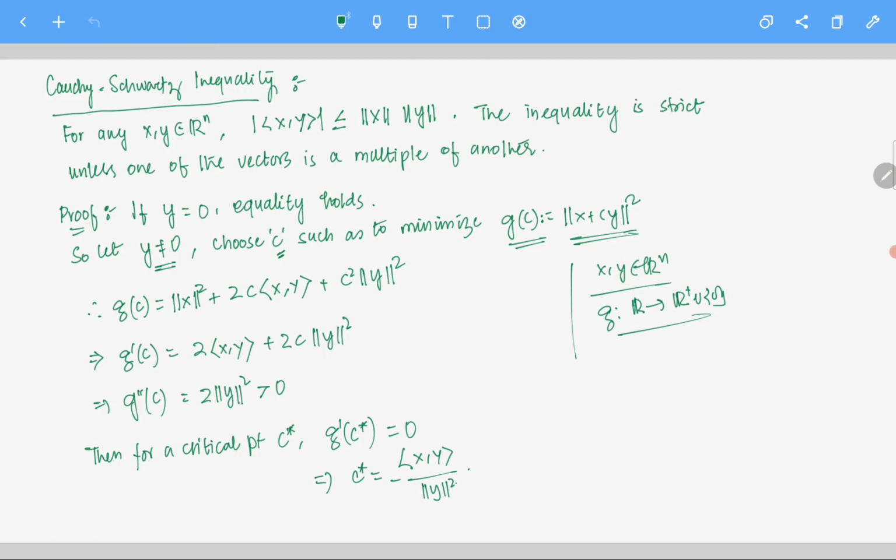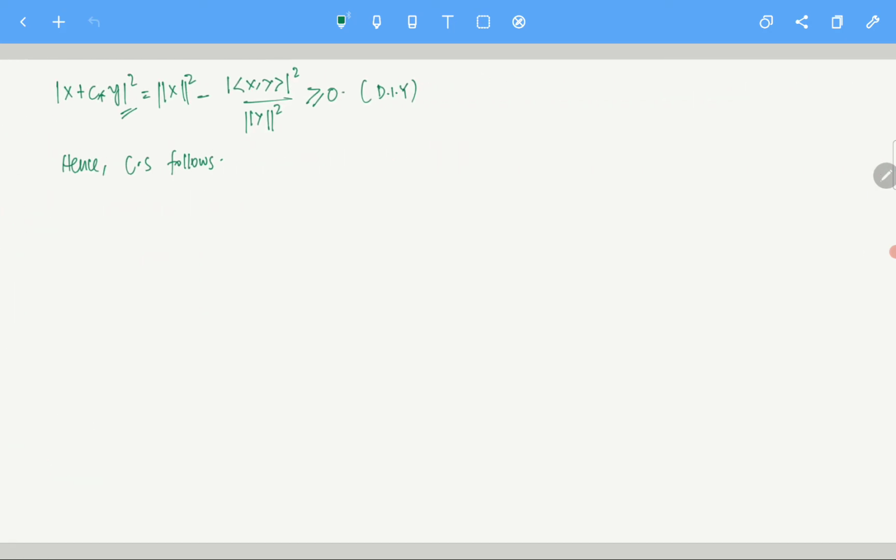The whole theory holds. Once the norm and an inner product are defined on some space, you can show that the Cauchy-Schwartz inequality holds. So it's not a special property of Rn; it can hold for other vector spaces also. This is just an observation.